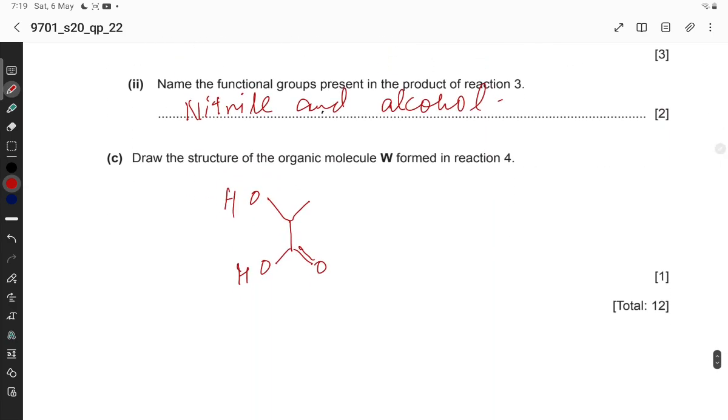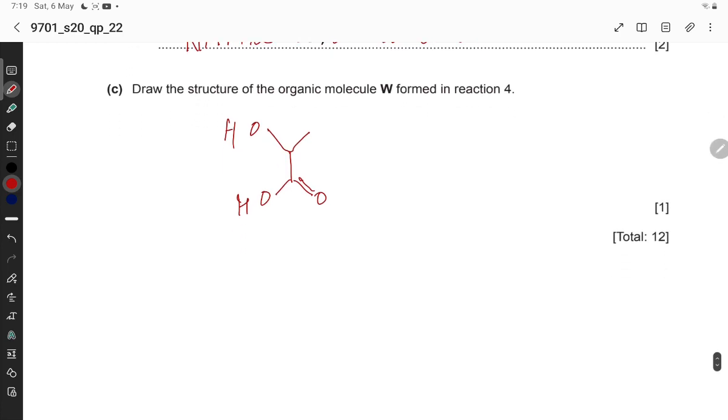Yes, this is the structure of the organic molecule W formed in the reaction.